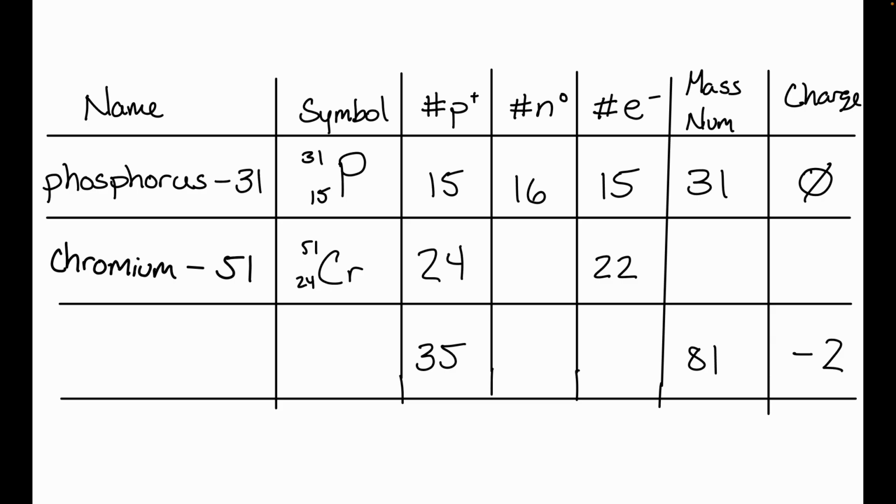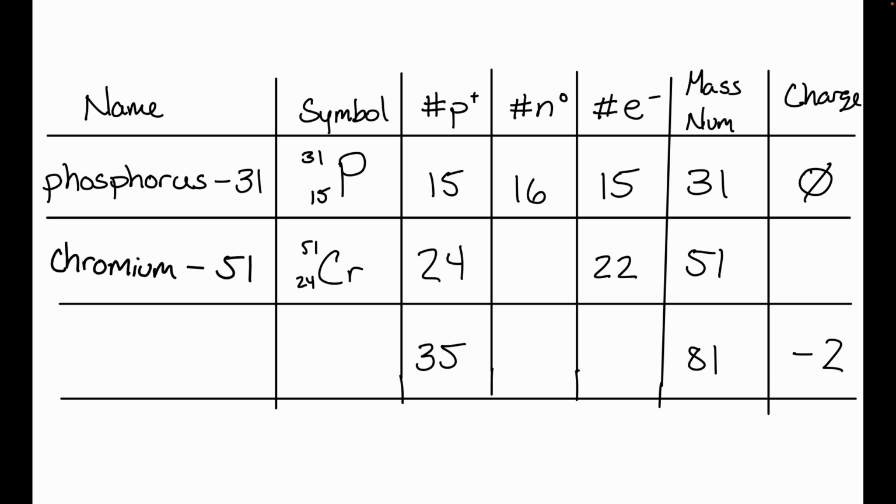Okay. Let's skip number of neutrons for right now, and let's get to mass number. What would be the mass number of this particular isotope? 51, that's what the name tells us, right? When I tell you chromium 51, I'm telling you that the mass number is 51.